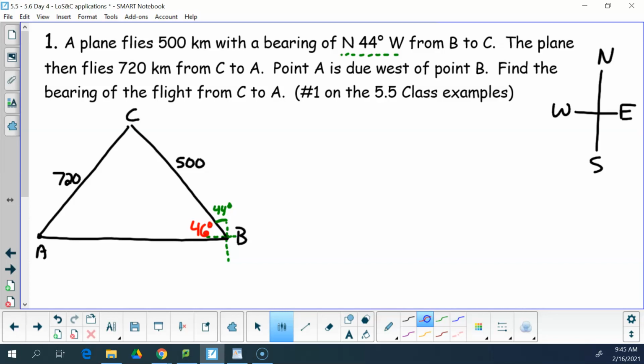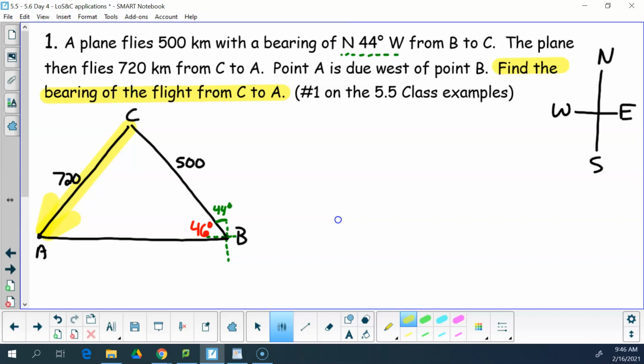Angle A. Let's go back to our problem. It says find the bearing of the flight from C to A. So that's this flight going that direction, correct?